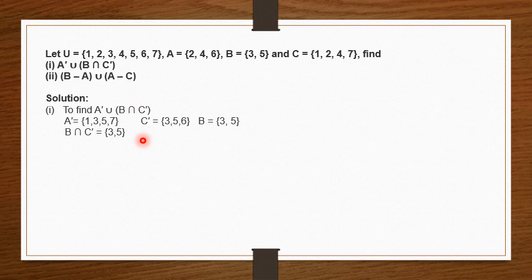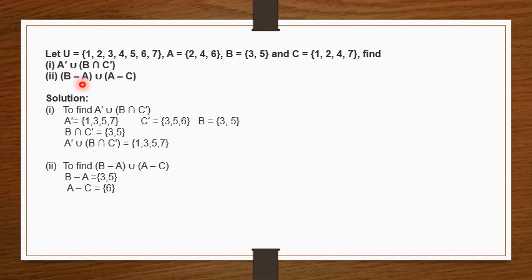So B intersection C complement is 3, 5 because 3 and 5 are common elements. Now A complement union B intersection C complement is 1, 3, 5, 7, because 3, 5 is already written. So A complement union B intersection C complement is the set consisting of the numbers 1, 3, 5, 7.